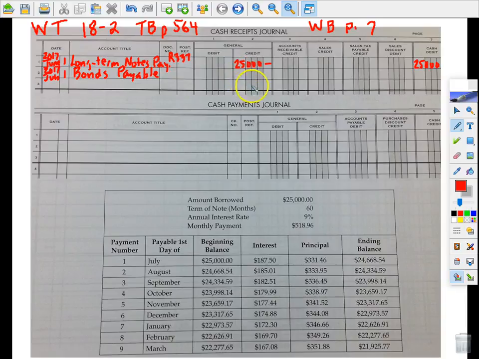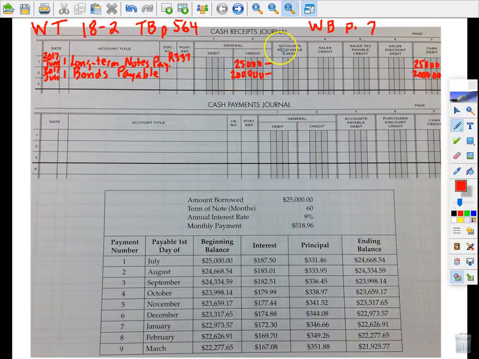And this bond issue was for a total of $200,000. So we credit that liability, and then we debit cash. Okay, so there's two different ways that we gained money.